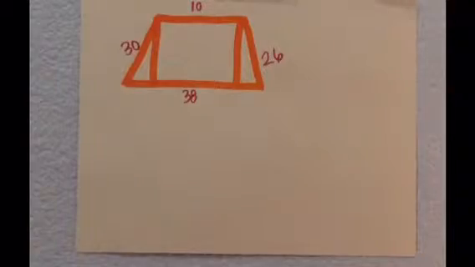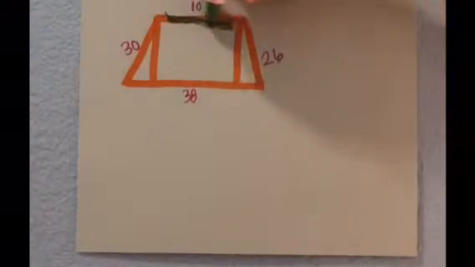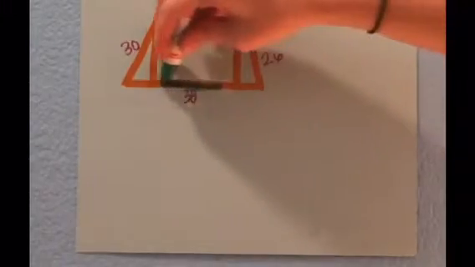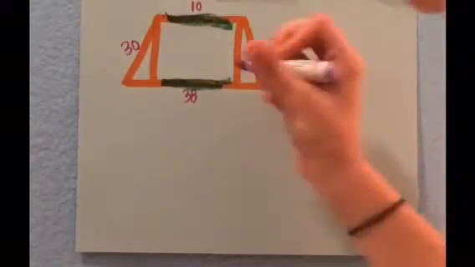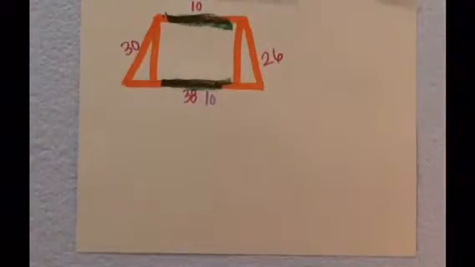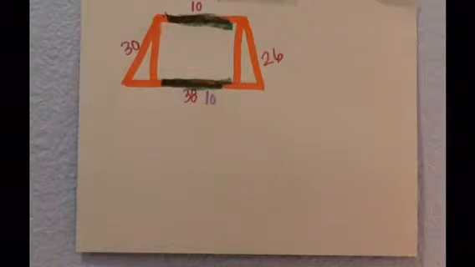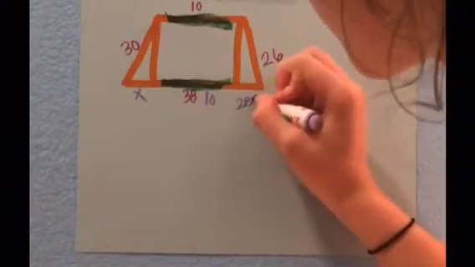So here we have this side, which is congruent to this side, which is 10. So we know that those two sides together equal 28, but we can't divide them by 2 because this is not an isosceles trapezoid, so we have to put in a variable. So on this side we can do x, and on this side we can do 28 minus x.